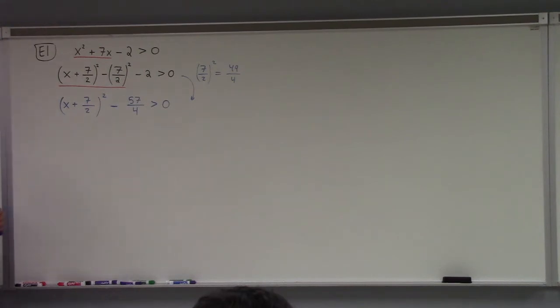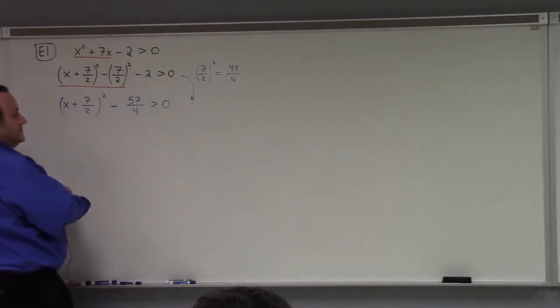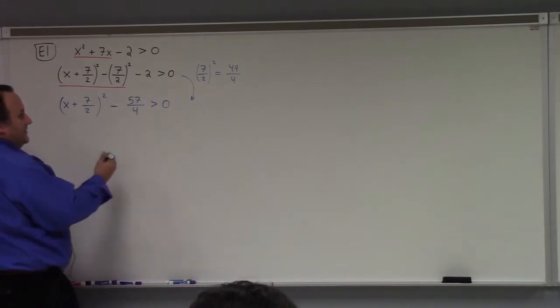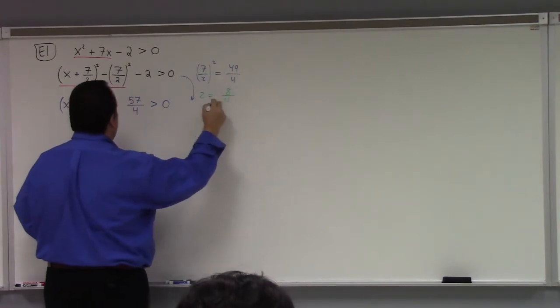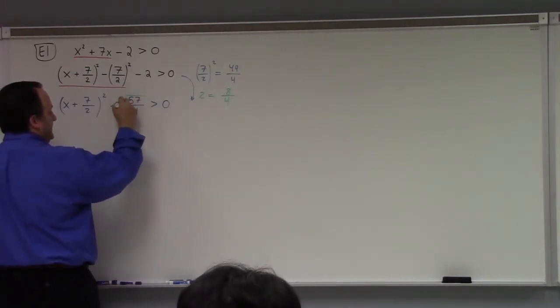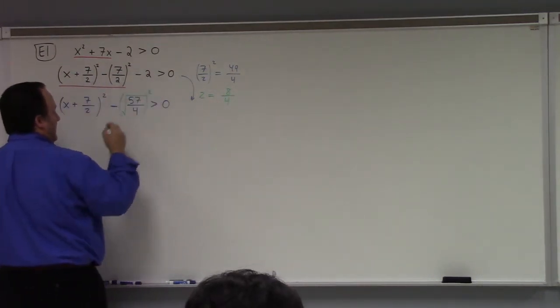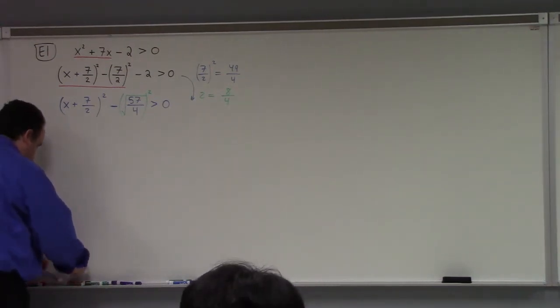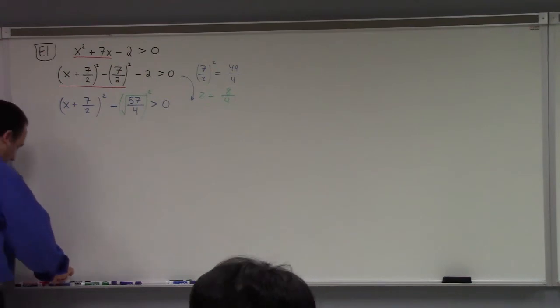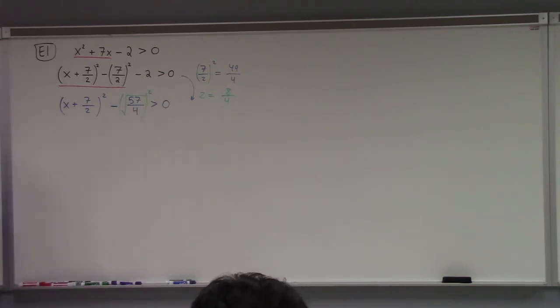So you've got negative 57 over 4 minus 49 over 4 minus 2. Yep, because 2 is 8 quarters, right? So now we look at that as a square, and with that little move right there, now we can factor, because it's a difference of squares.